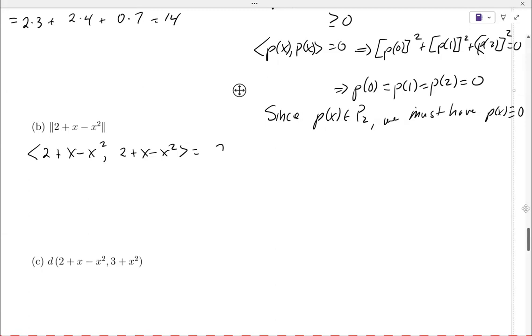So this is going to be 2 squared plus 2 squared plus 0 squared. Because we do P of 0 times P of 0 plus P of 1 times P of 1 plus P of 2 times P of 2. We get 8.